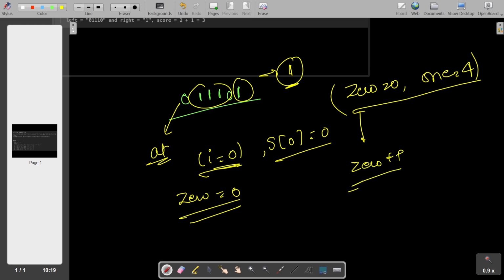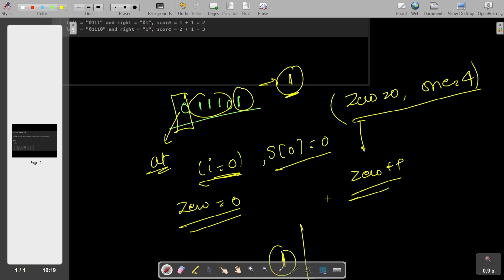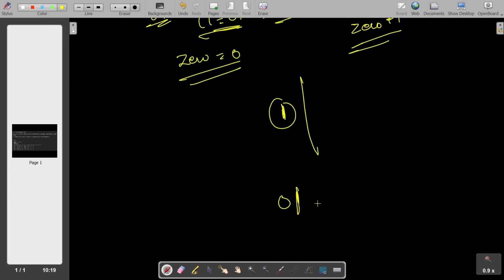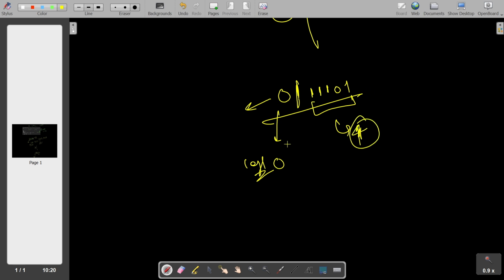After iterating, zeros plus plus gives us 1 on the left. We exclude that 0, and the remainder is 1 1 1 0 1. On the left side we count only 0s, not 1s, and on the right side we count only 1s, not 0s. So on the right side we get four ones.